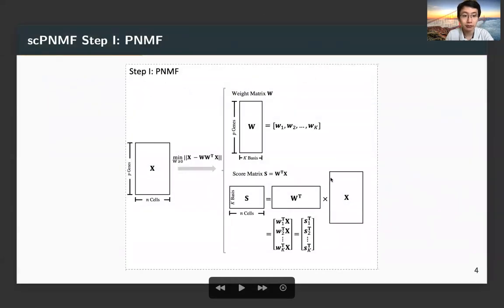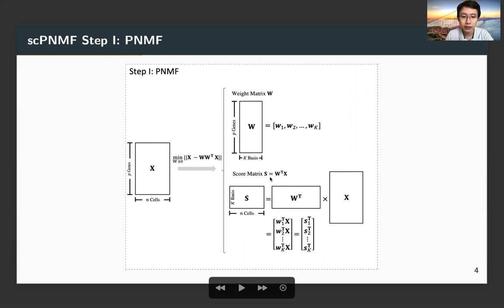In the first step of scPNMF, we perform the PNMF algorithm and try to estimate the weight matrix W. Here, W has K different bases, and each basis, if we use the terminology from NMF, we can call a metagene. So it represents the weights of a small set of genes, which are co-expressed and potentially functionally related to each other.